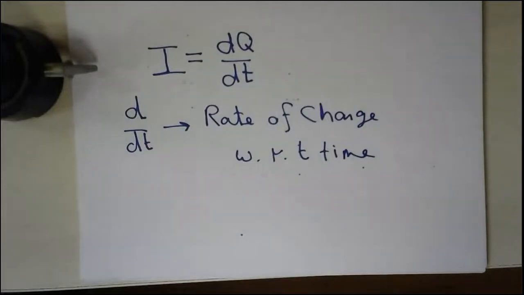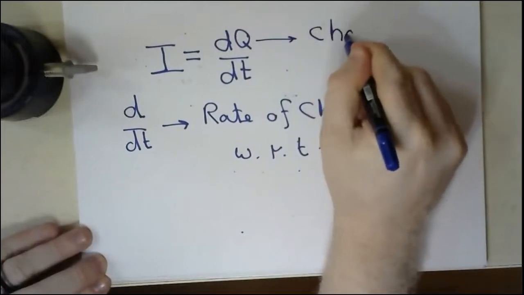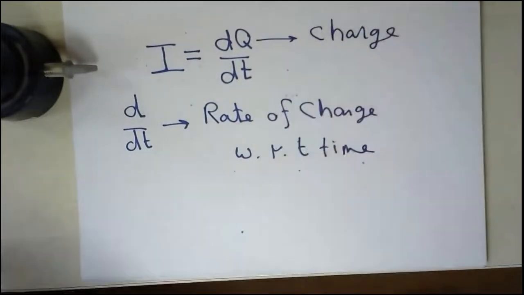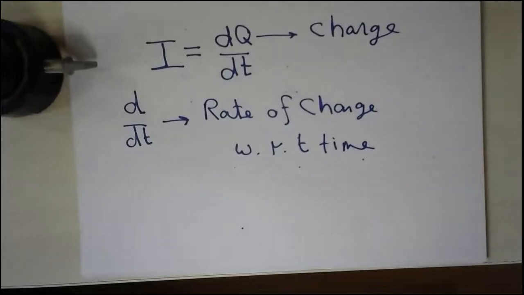But what is q? I believe that most of you know already q from your physics classes, that q is simply charge, or to be more accurate, it's the electrical charge. But what is the electrical charge? From our basic understanding of electricity, we know that electrons are electrical charge.